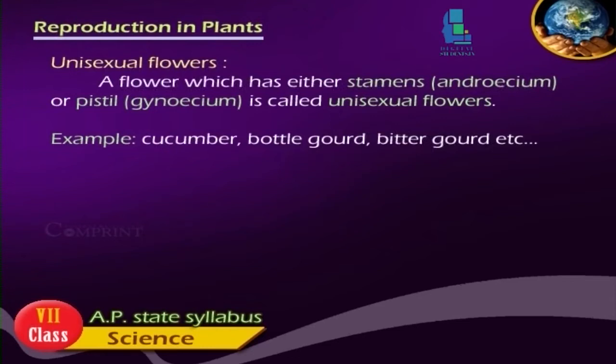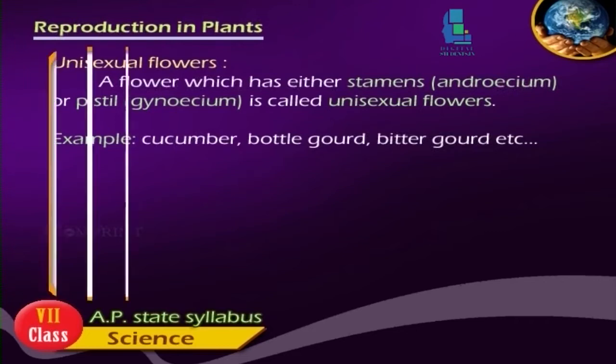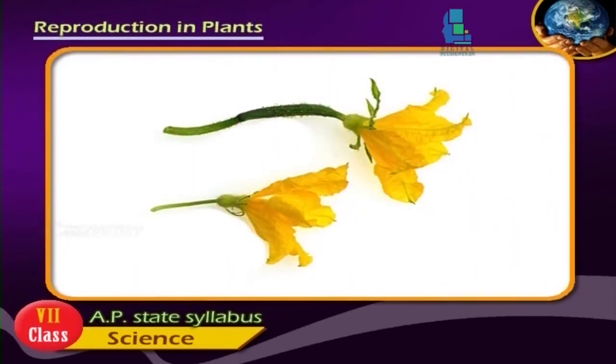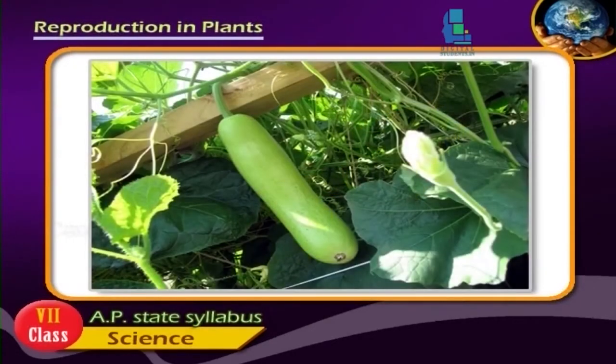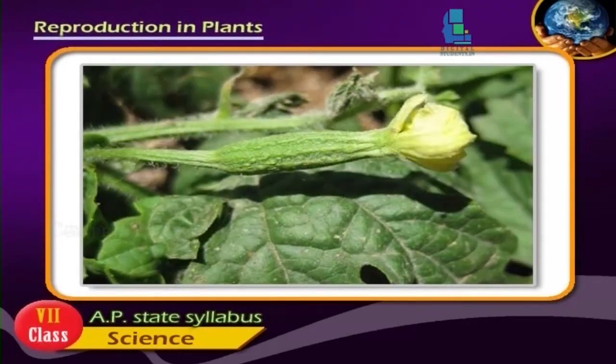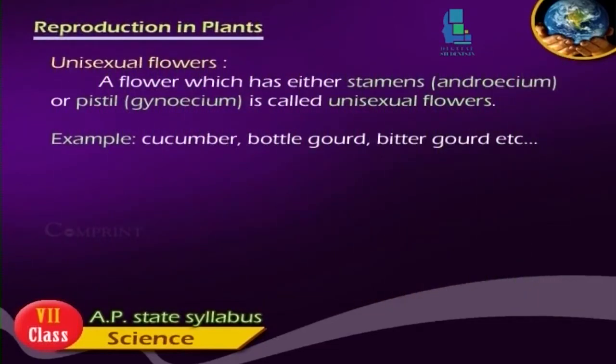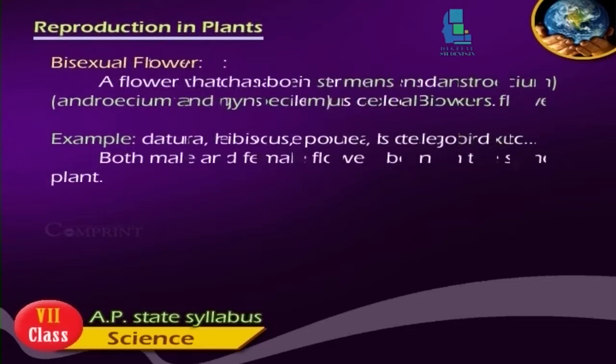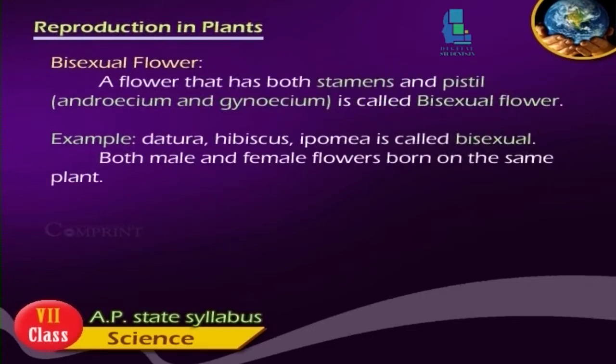Unisexual flowers. A flower which has either stamens or pistil is called a unisexual flower. Example: cucumber, bottle gourd, bitter gourd, etc. Bisexual flower.